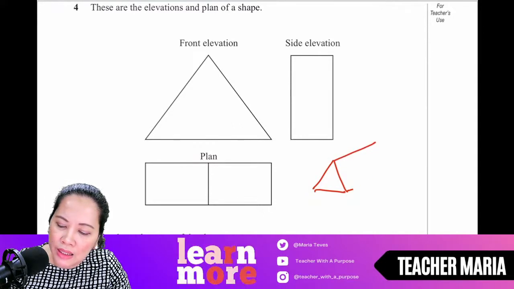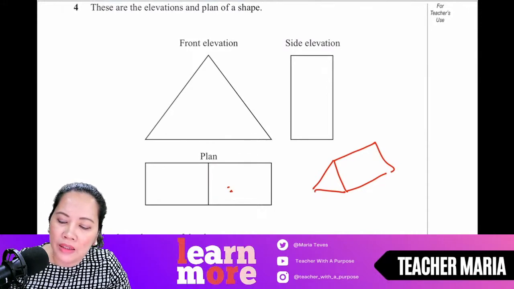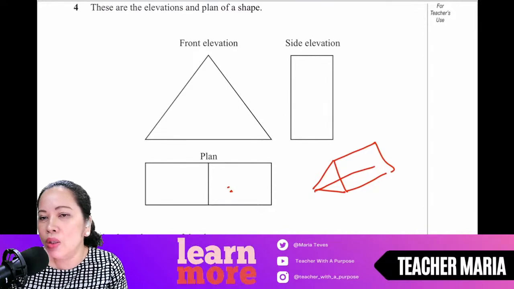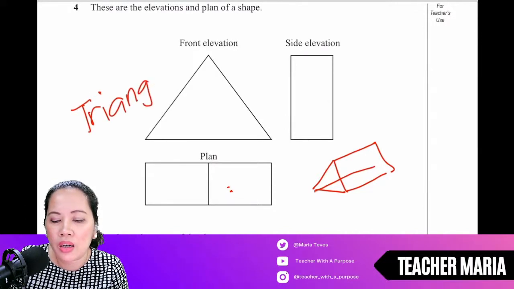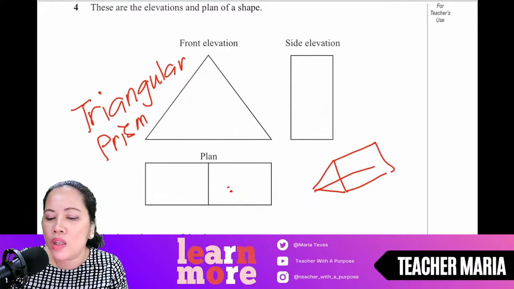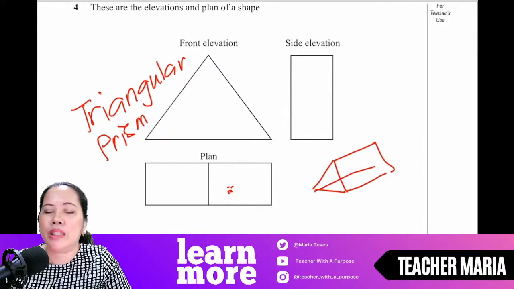So I'll place the side here. Okay, and then you have your plan. So that will be on the bottom part. So if you look at this, this is actually a triangular prism. So front, side, and the plan. The plan is in the bottom.